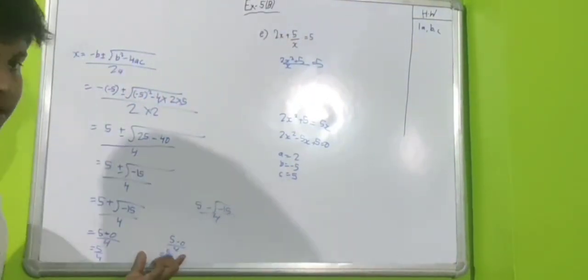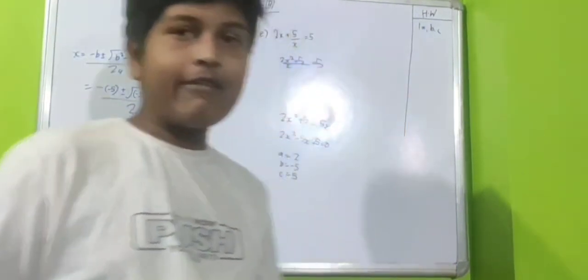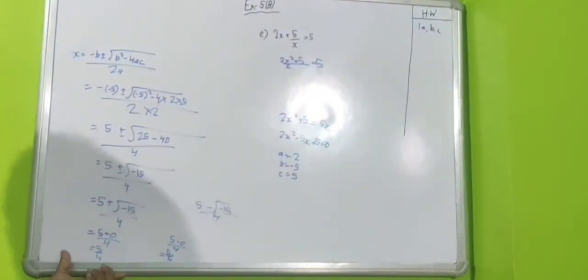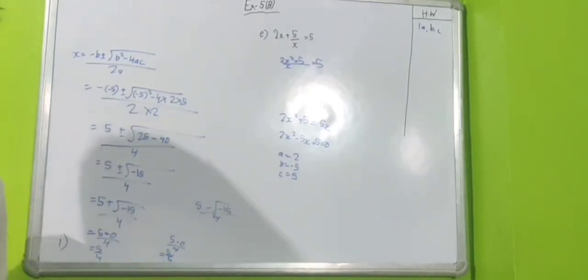It is 1 over 1 by 4, and the rest of the answers are far away from our answer. So we will go with option number 1, and here is the answer.